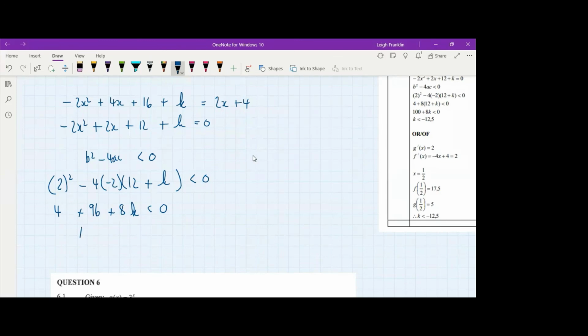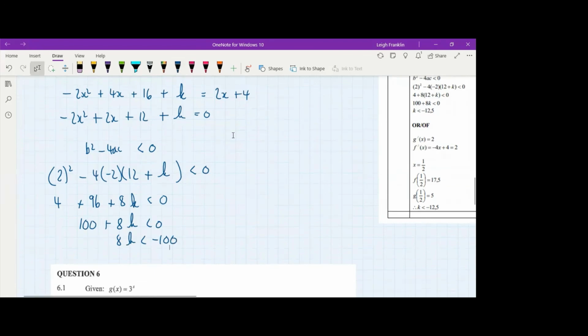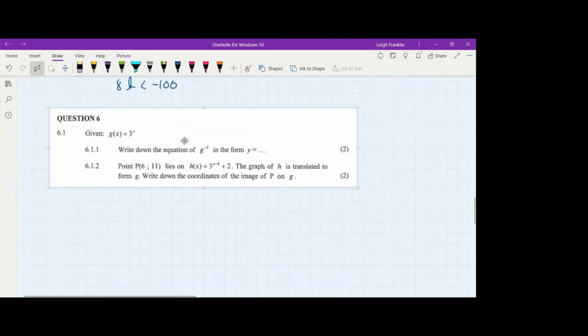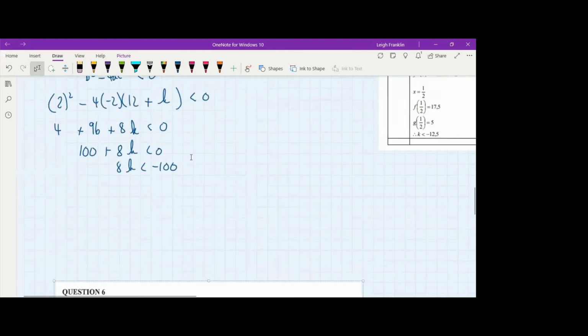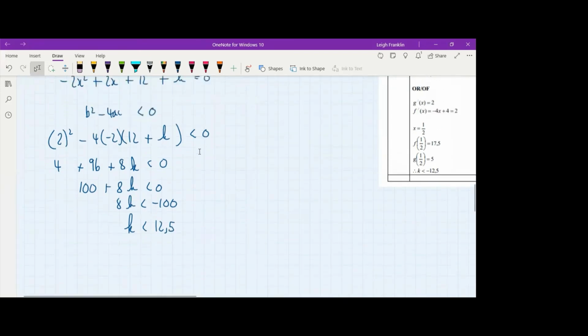So that gives us 100 plus 8k is smaller than 0. So 8k is smaller than negative 100. Divide both sides by positive 8, and then indeed k will be smaller than 12.5.